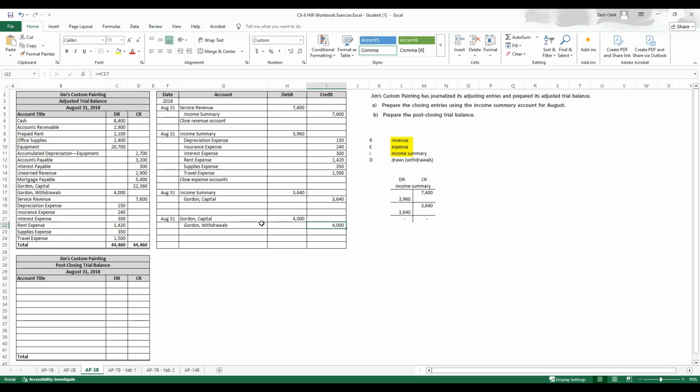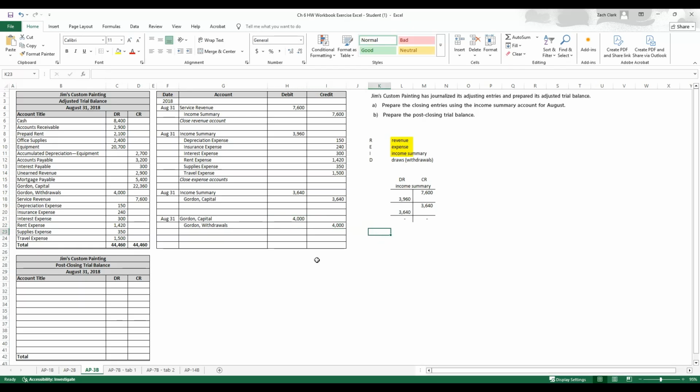We've talked about what makes capital go up and down quite a lot. Withdrawals take money out of the business, reducing the business's equity or capital, whereas earning net income increases capital. That's when we condense this all down into the capital effect. A debit to capital is a reduction in capital because we're taking money out of the business.